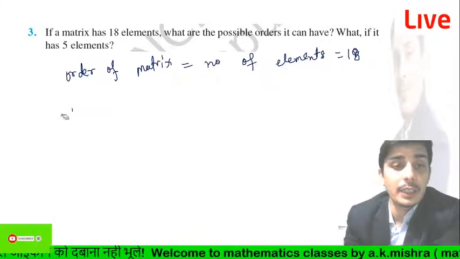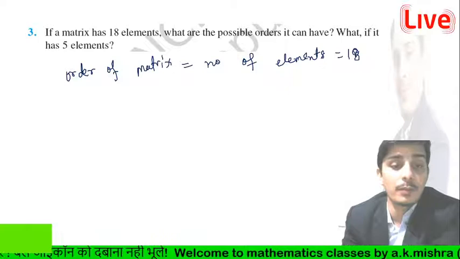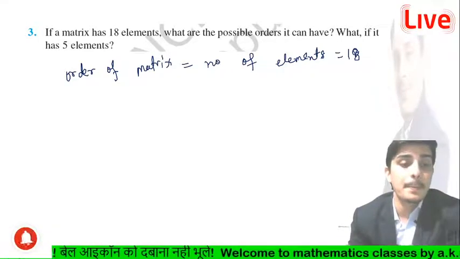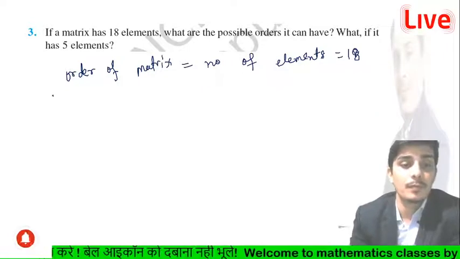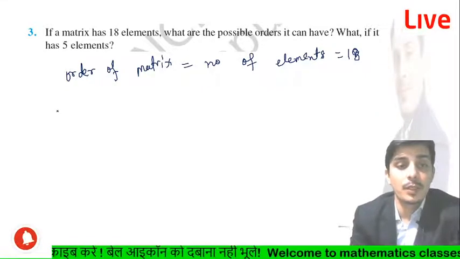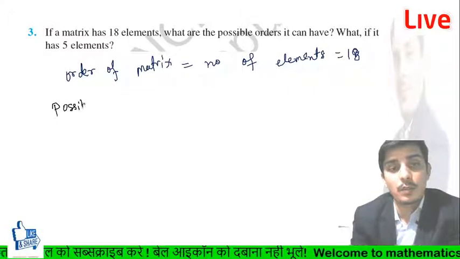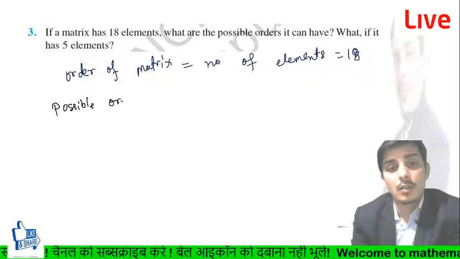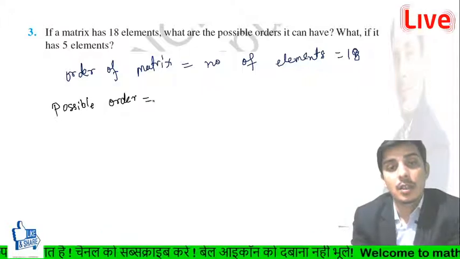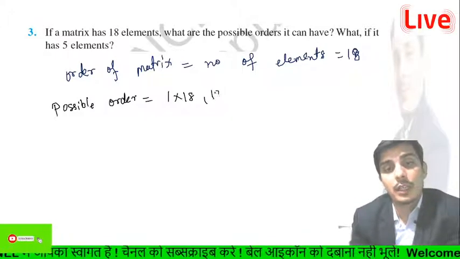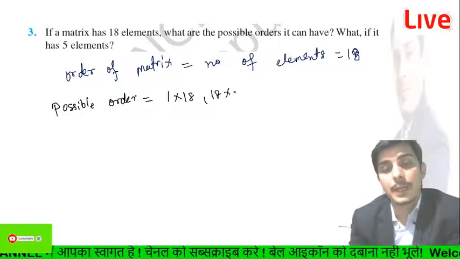What we can write here, guys? Possible order will be, this is very simple, possible order is equal to, you can write 1 into 18, another is 18 into 1, right?